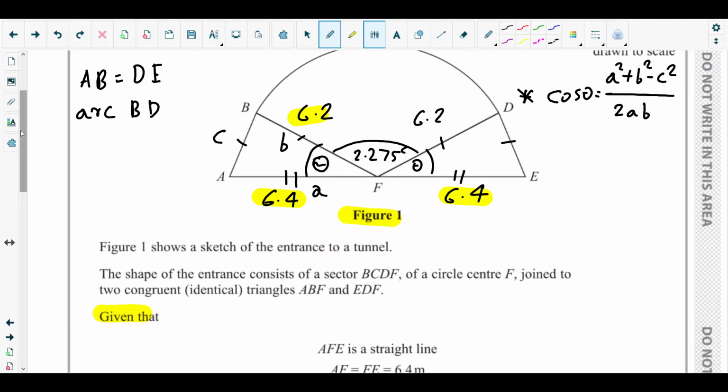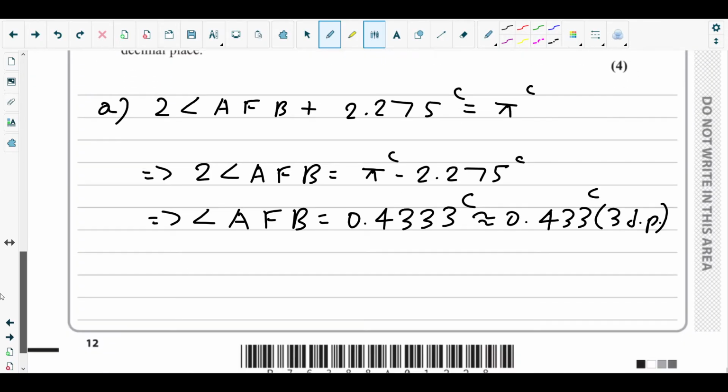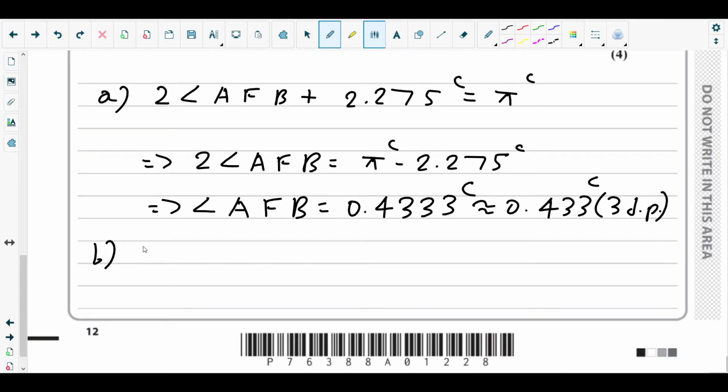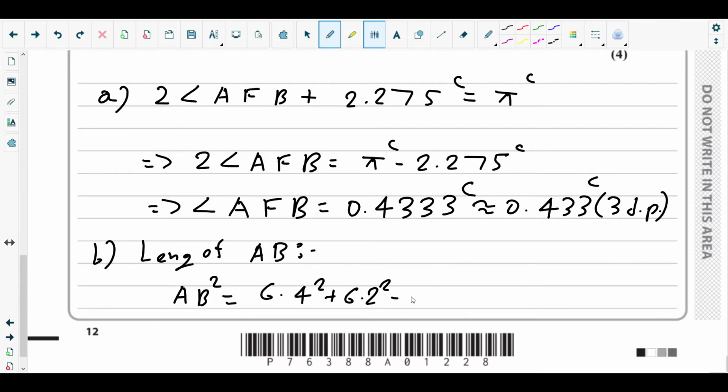So AB squared equals the sum of the squares of the two adjacent sides, 6.4 squared plus 6.2 squared, minus twice the product of the two adjacent sides, times cos 0.433 radians.